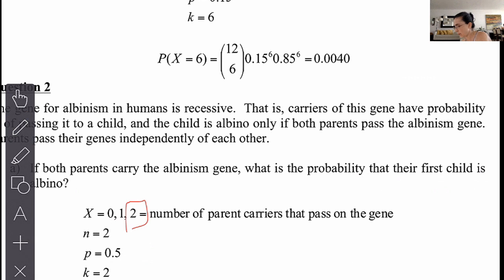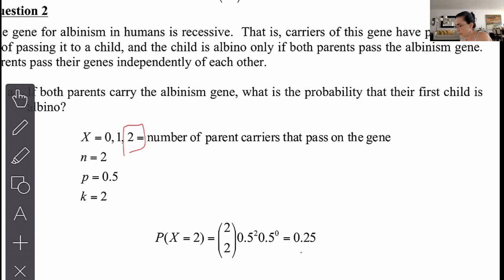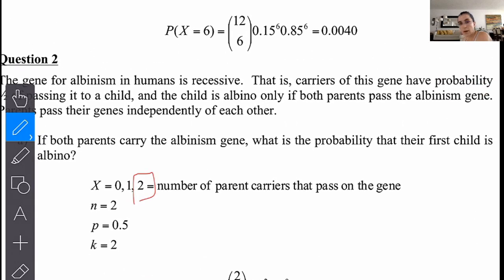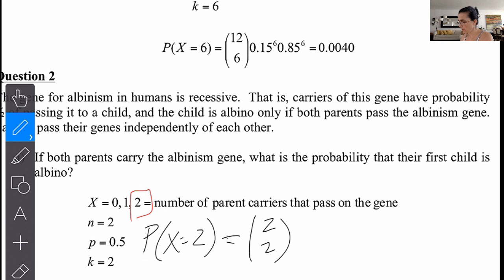So we set up the binomial. Right, the probability that x equals 2 is equal to the number of ways of seeing two things out of 2 times the probability of passing the gene, probability of success, to the number of successes, which is 2, times the probability of failure to the number of failures.